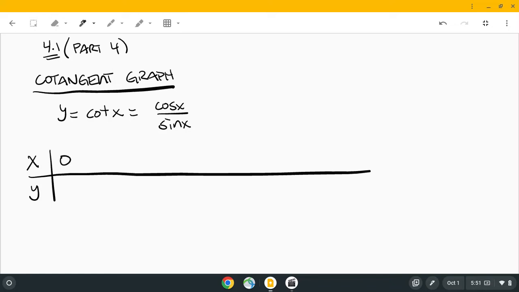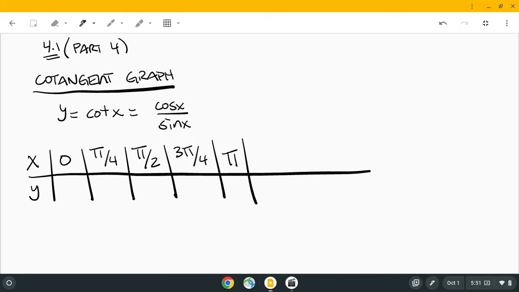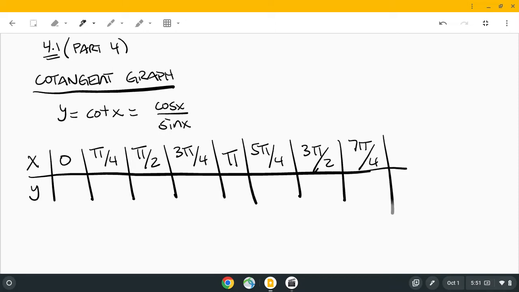We're going to use 0, pi over 4, pi over 2, 3 pi over 4, pi, 5 pi over 4, 3 pi over 2, 7 pi over 4, and back to 0, which is 2 pi.